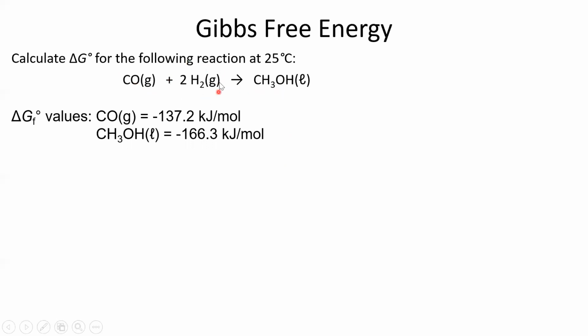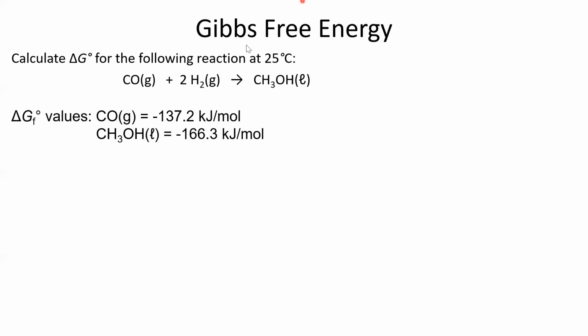This is actually 0. Free elements have a formation value of 0, so it just wouldn't be given to us. So we're going to use the sum of the products minus the sum of the reactants to calculate the free energy for the reaction. And then we can decide whether or not this reaction is spontaneous or non-spontaneous.